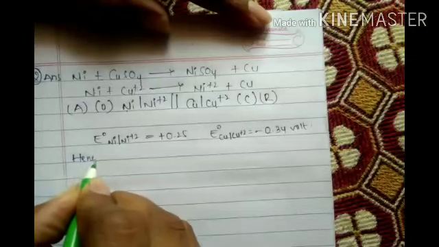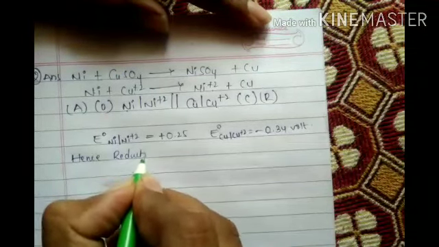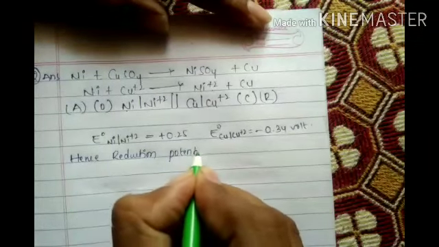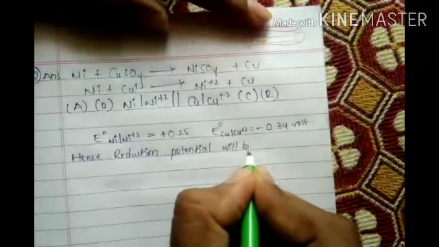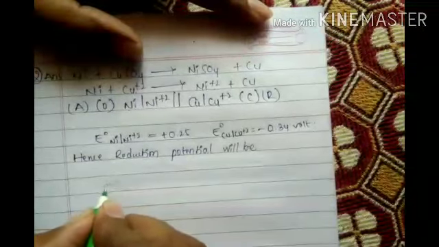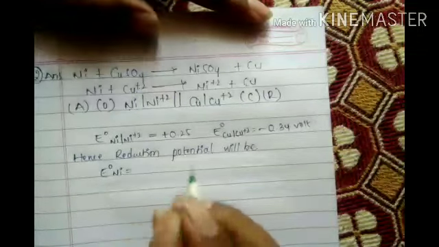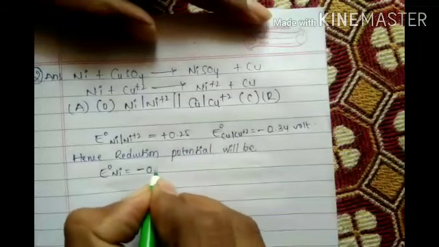hence, reduction potential will be E0 nickel is minus 0.25.